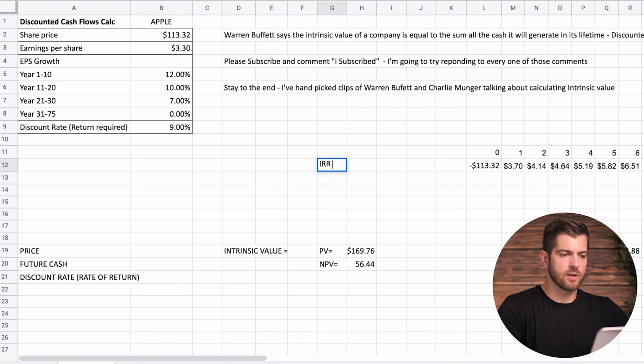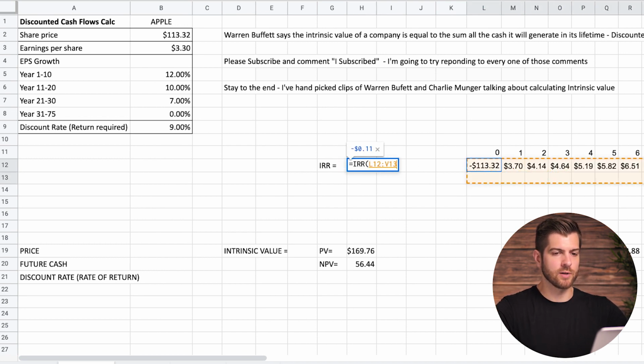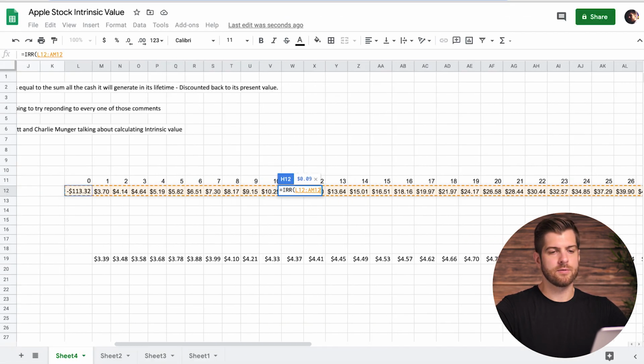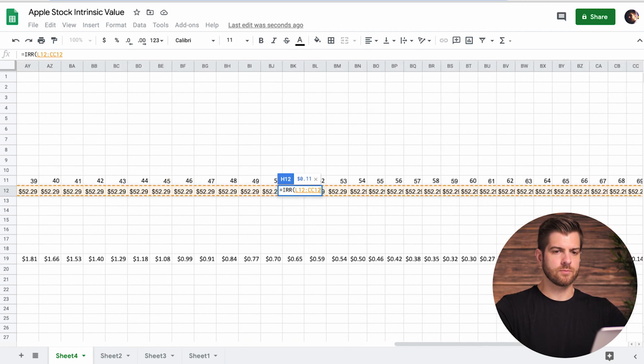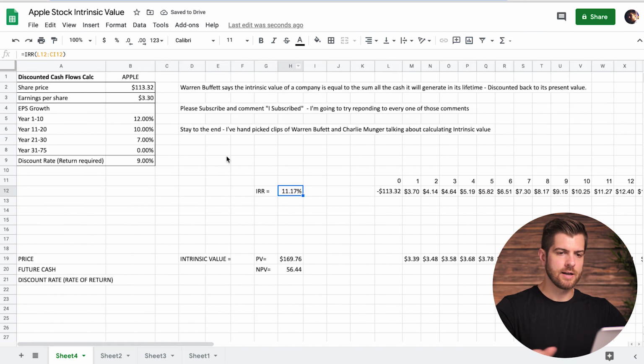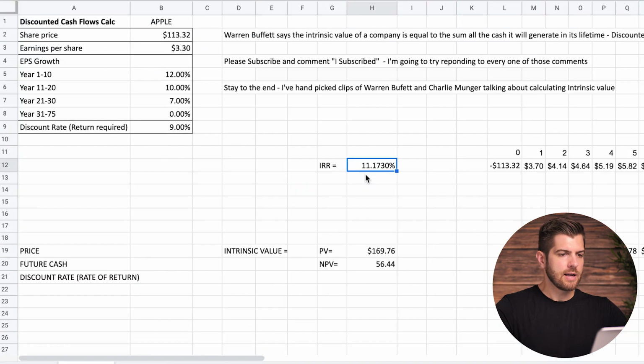The IRR formula looks like this: equals IRR, and then we grab all of the outflows and inflows of this investment and hit enter. And let's add a couple more decimal points here. It's saying our internal rate of return, our IRR, is 11.173%. So in other words, this is our expected annual rate of return.